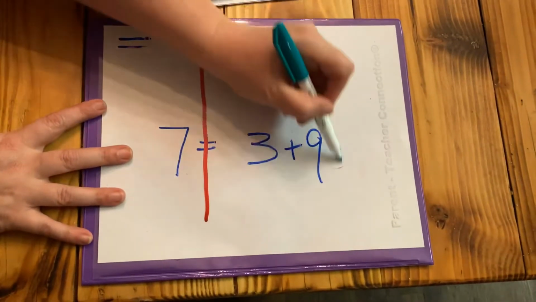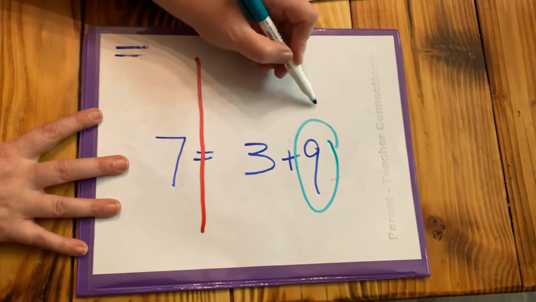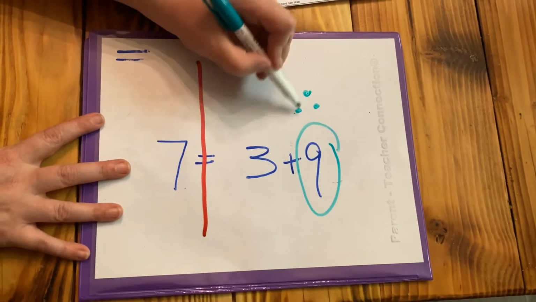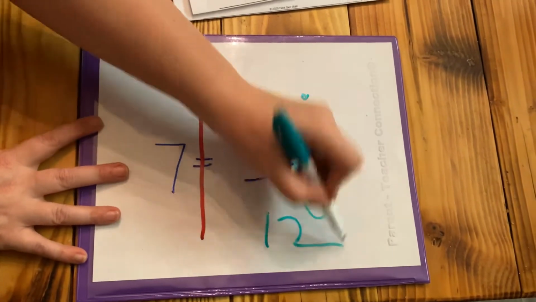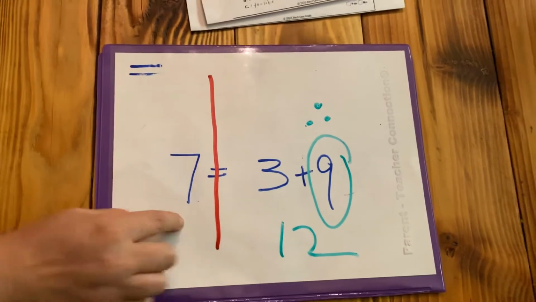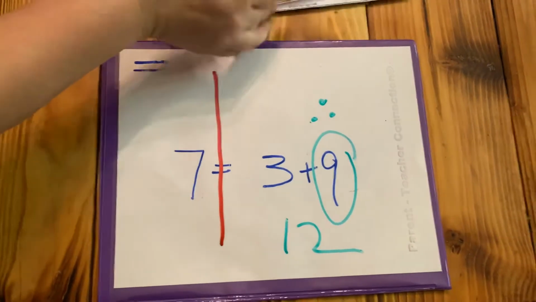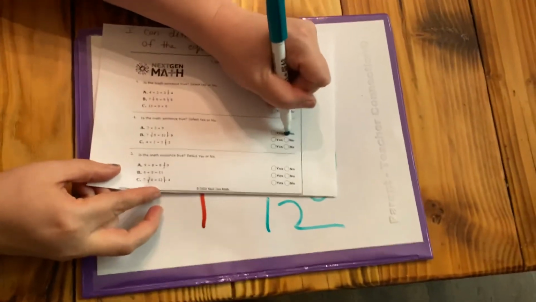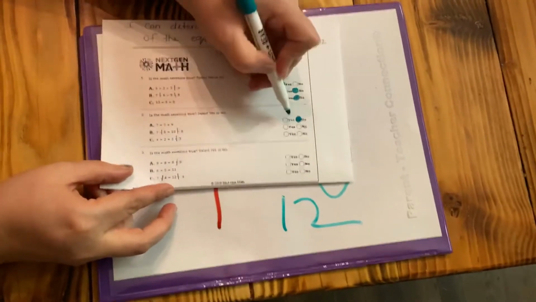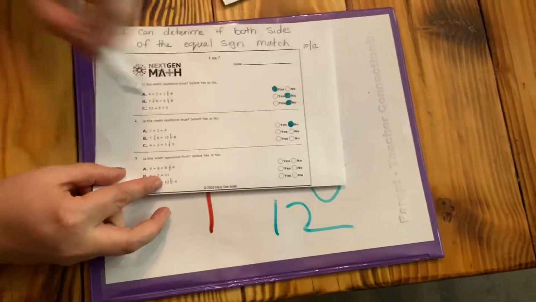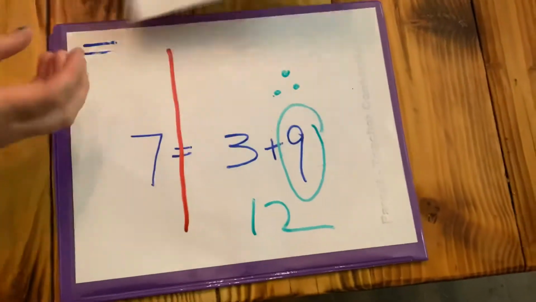Over here, I'm going to circle my 9 and then add my 3. 10, 11, 12. Oh, look at that. I have a 12 and a 7. Those are not the same number. So they would get a mark of a no on the first bubble because the first bubble matches the first question. And then we would go down to B and C.